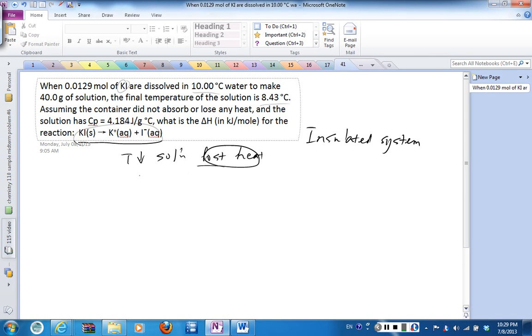And of course, the reaction here would be endothermic. It's gaining heat, and that means your delta H must be a positive number.